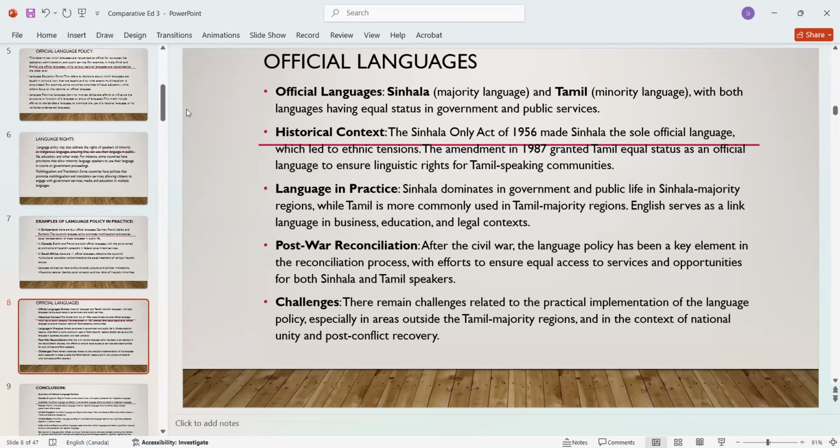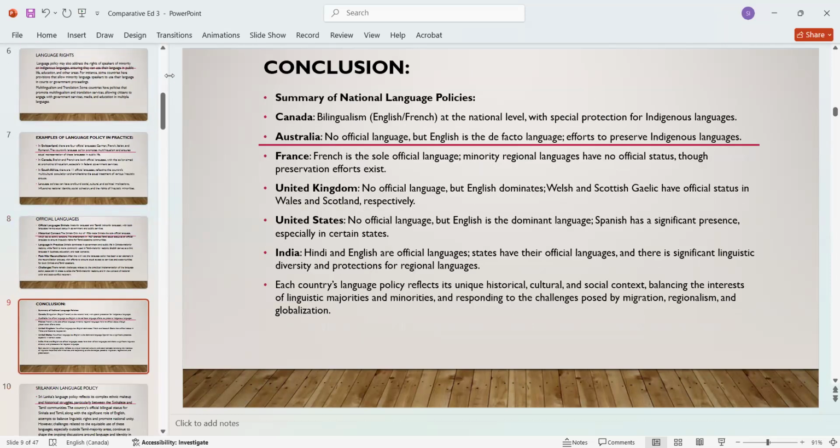And in the other regions, they are conducting all these activities in their language, right? So English is a link language. So read this conclusion regarding official language policy.